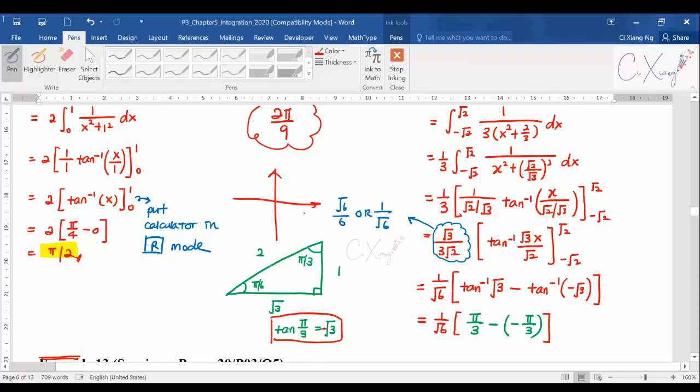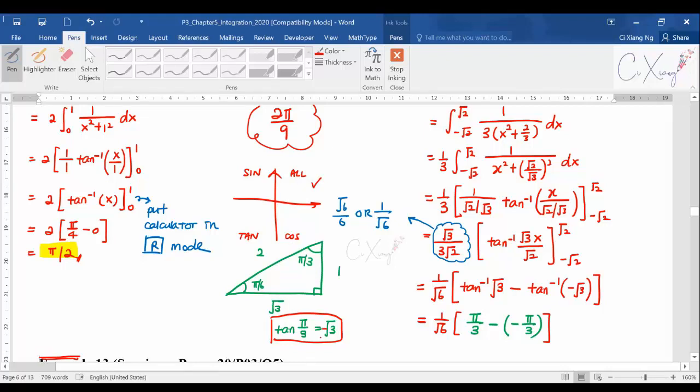So for negative square root 3, in what quadrant do you have? Tangent positive, so this is all positive, then sine positive, then tangent, and then cos. So for tangent pi over 3 equals to positive, so they accept the first quadrant here.